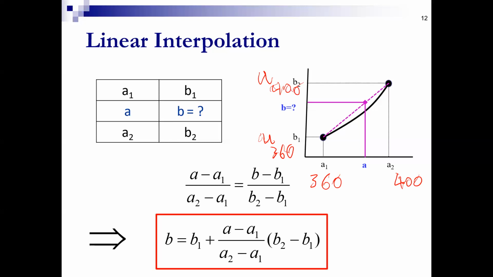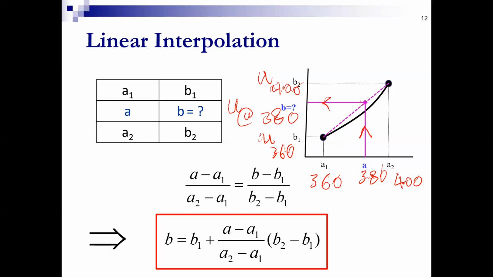Now, what I'm looking for is U. I'm looking for this one. I'm looking for the U at, let's say, 380, something in between these two. That 380 is given to me, okay? I want to find this one. I want to go from this point to this, and then from this to this.